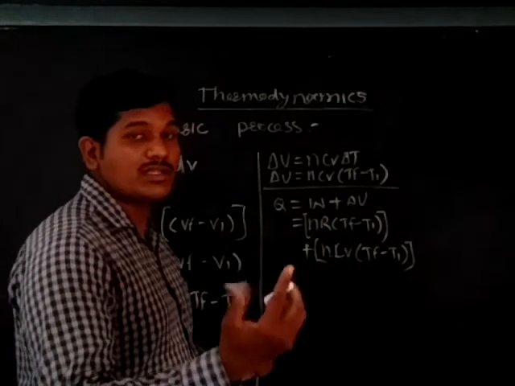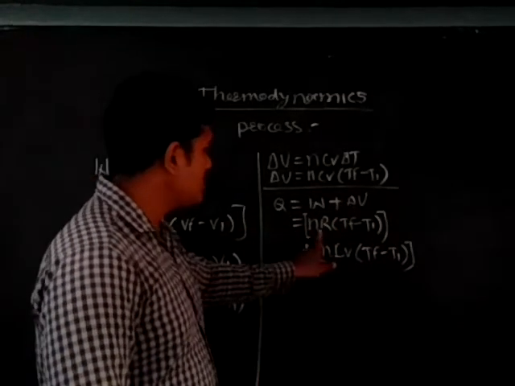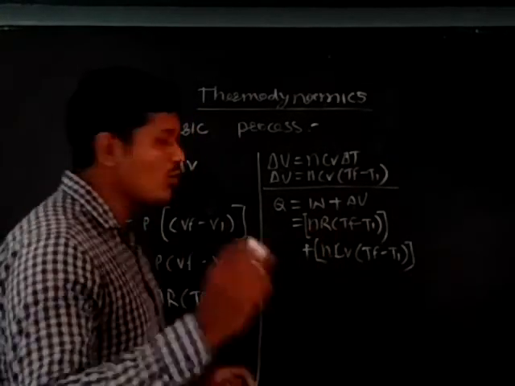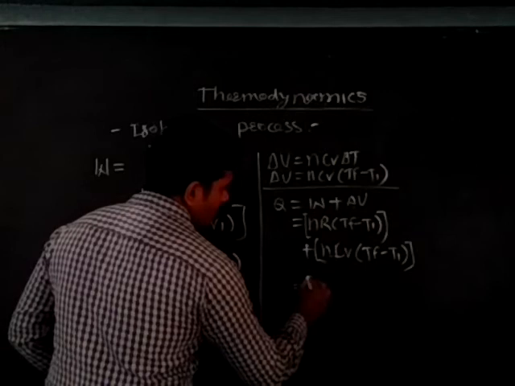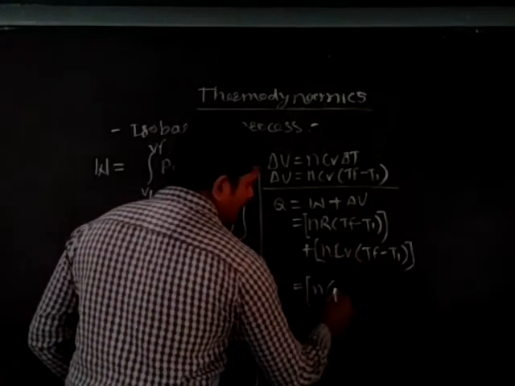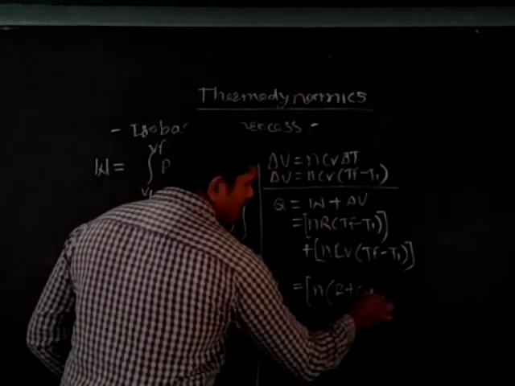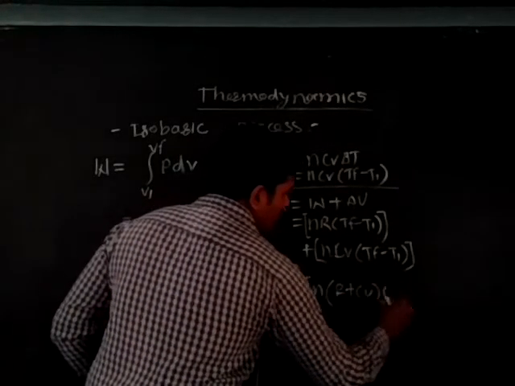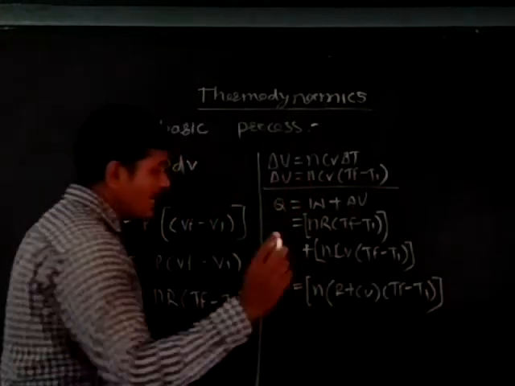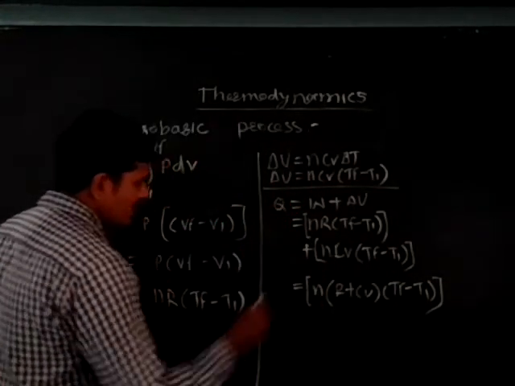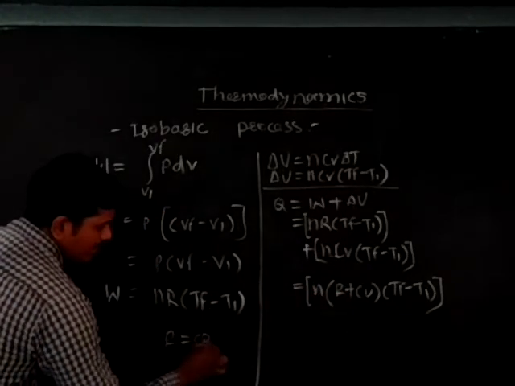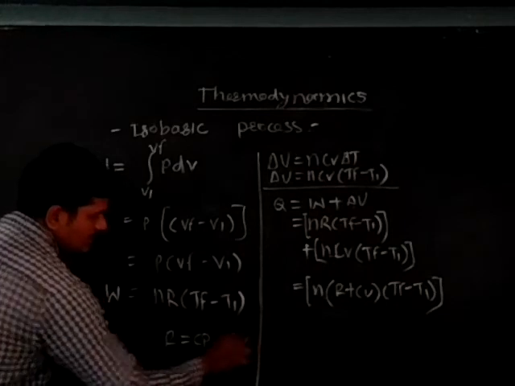Now one term you can see which is common: n is constant, so I can take it out in common. So n into the bracket R plus Cv, and the remaining term (Tf minus Ti) will be as it is. Now, as we know, R can be written as Cp minus Cv.